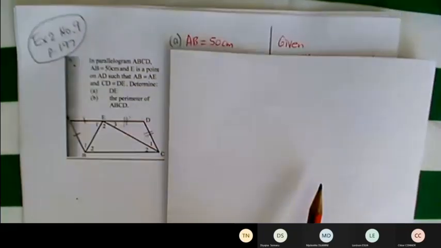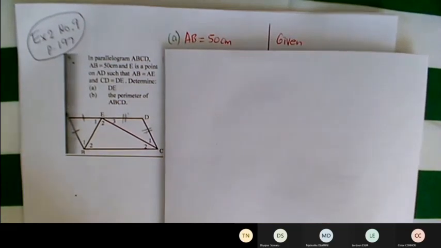Class, is this a simple example? Very simple. What's the perimeter? This is 50, that's 100. This is 50, that's 100. So we have already answered all of that. Let's start again. AB was given equal to 50.